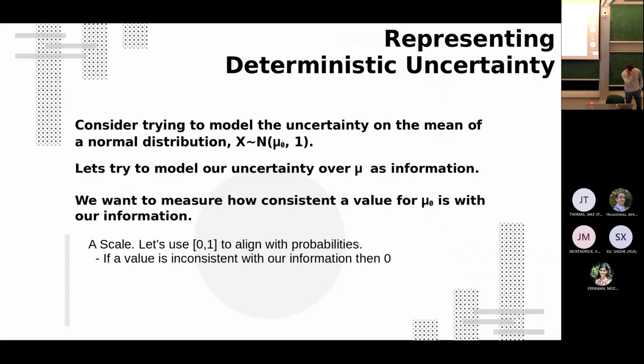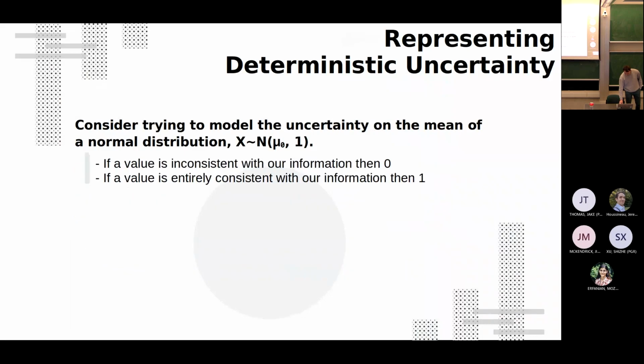And 0 will mean that a value is entirely inconsistent with our information. So say I tell you that the mean is positive, then every value less than 0 should have credibility 0. And if a value is entirely consistent with our information, then it should have credibility 1. To build up a little bit of intuition, we'll consider 2 different cases.